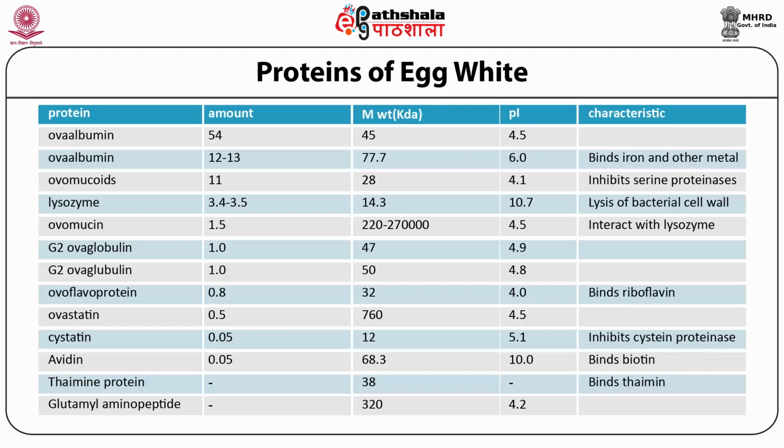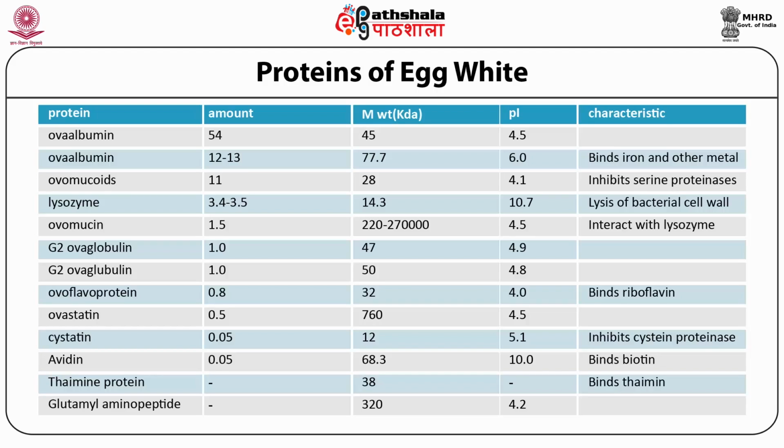Ovomucoid is best known for its trypsin inhibitory activity. Hen ovomucoid has 9 disulfide bonds and no free sulfhydryl groups. It is a heat-resistant glycoprotein. Molecular weight is about 28,000 and it is 11% of the total albumin of the whole egg.